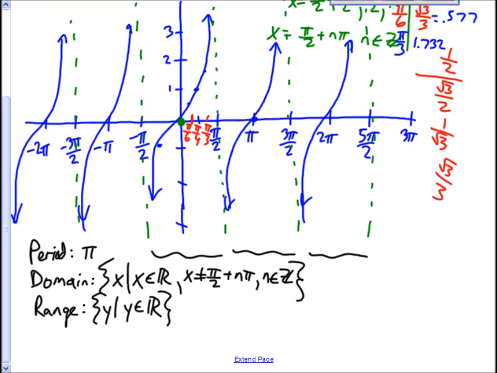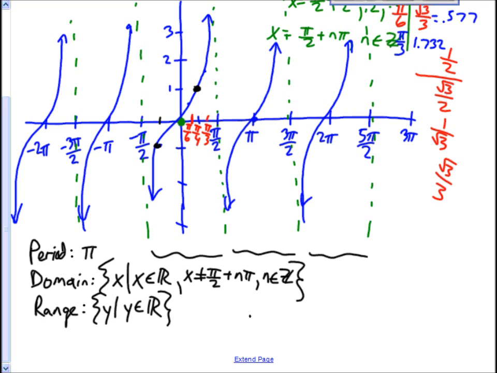Okay. And then one more thing. Is this thing even or odd? Do you remember if the tangent is even or odd? Well, let's look at this point here. This is kind of the giveaway. You see how you have pi fourths comma 1 right there? And then if you go in the negative direction that same distance, so negative pi fourths, it was the opposite, negative 1.